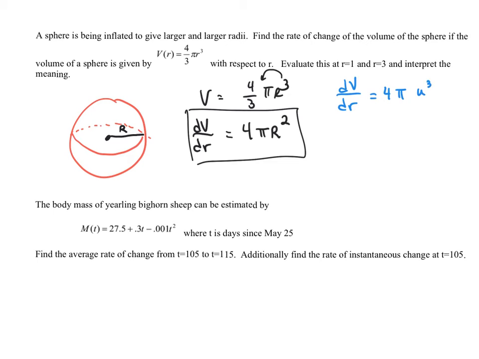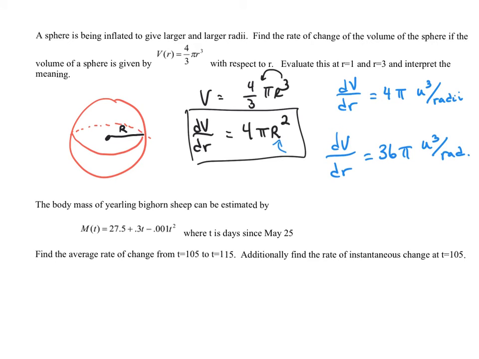This would be cubic units per radii. You'll see though, if I plug in r equals 3 for this, I'll get 36 pi cubic units per radii. So it's a lot more.